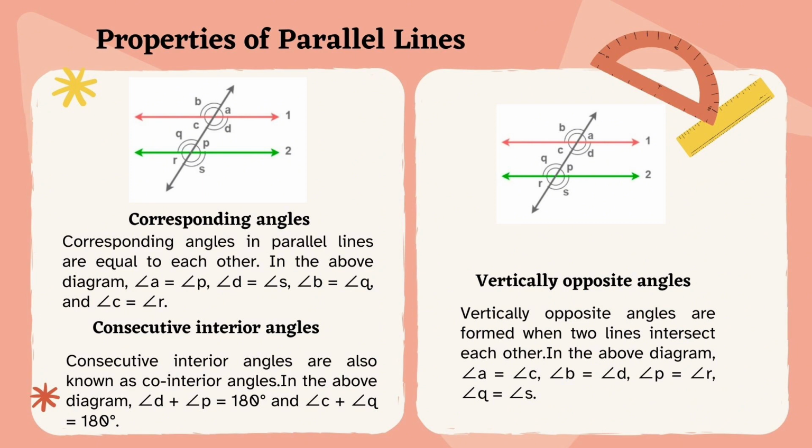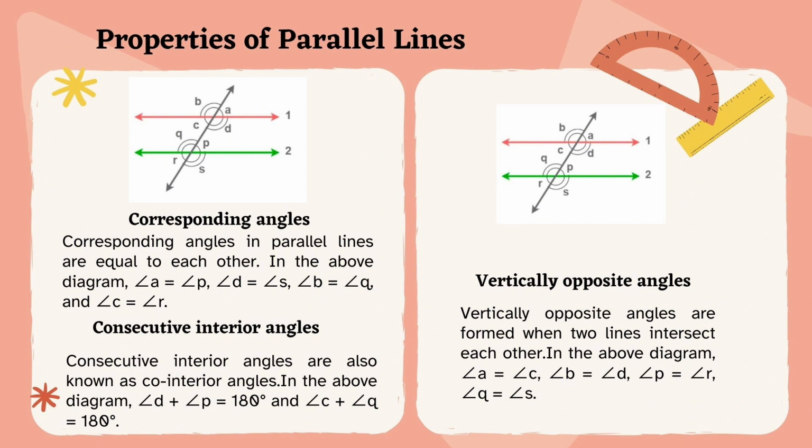4. Consecutive interior angles. Consecutive interior angles are also known as co-interior angles. In the above diagram, angle D plus angle P equals 180 degrees and angle C plus angle Q equals 180 degrees. 5.